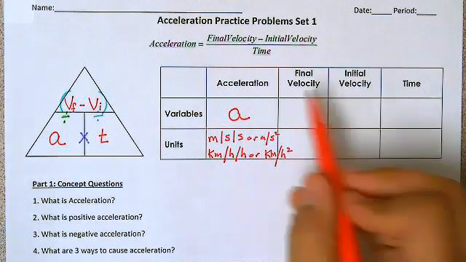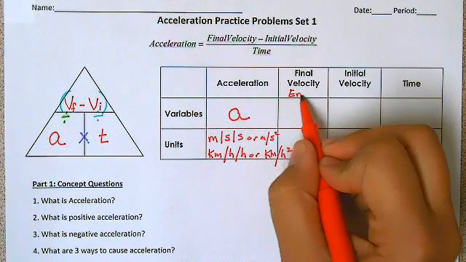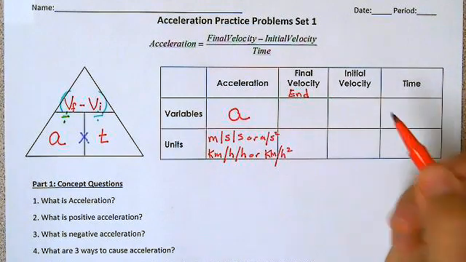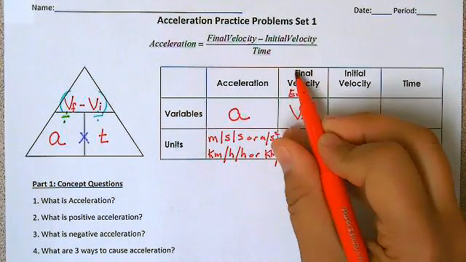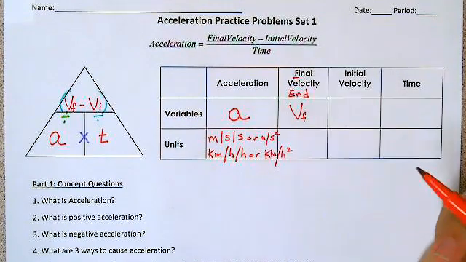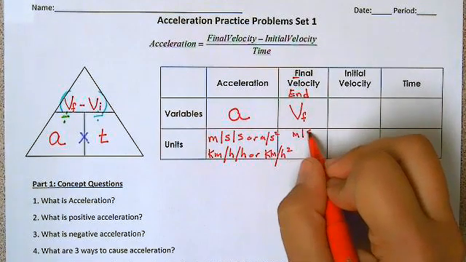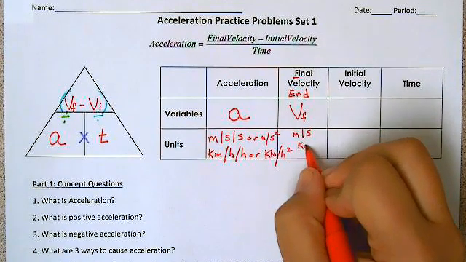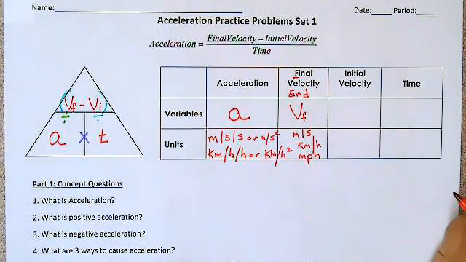Okay, the final velocity, final means the end. So how fast is it going at the end? We represent this by a big V and a little F for final. And again, this is just velocity, so it's going to be meters per second, kilometers per hour, or miles per hour.